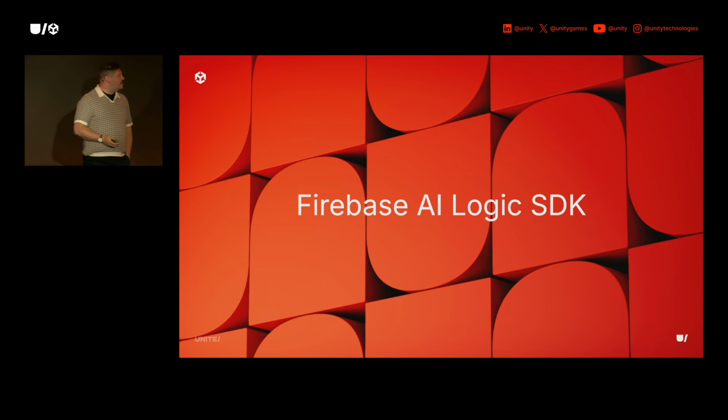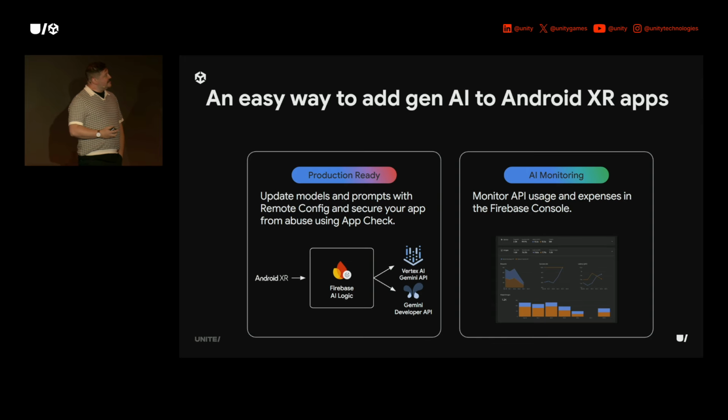Next, I'd like to talk a little bit about the Firebase AI Logic SDK. This is the SDK that's used within Unity to use a lot of the Firebase implementations. With this, it's an easy way to add AI into your XR applications. Firebase AI Logic is the go-to solution for Android XR developers to leverage Gemini models within their apps.